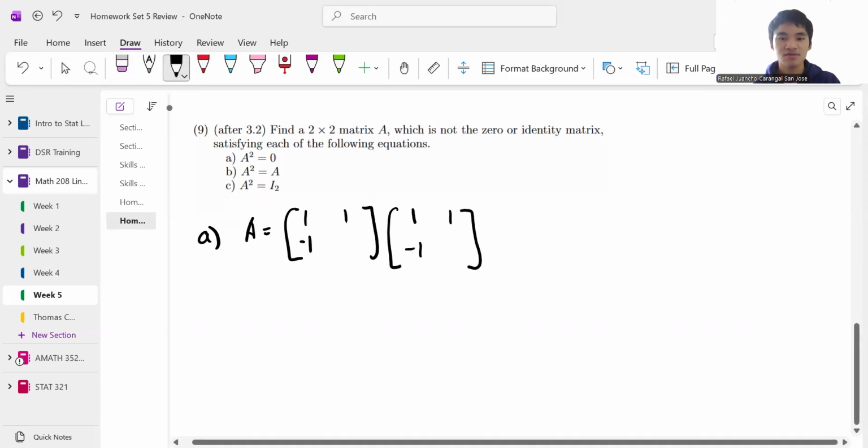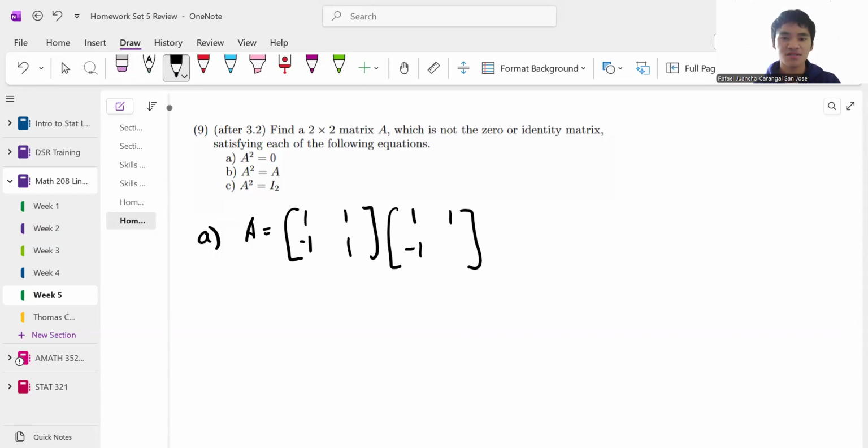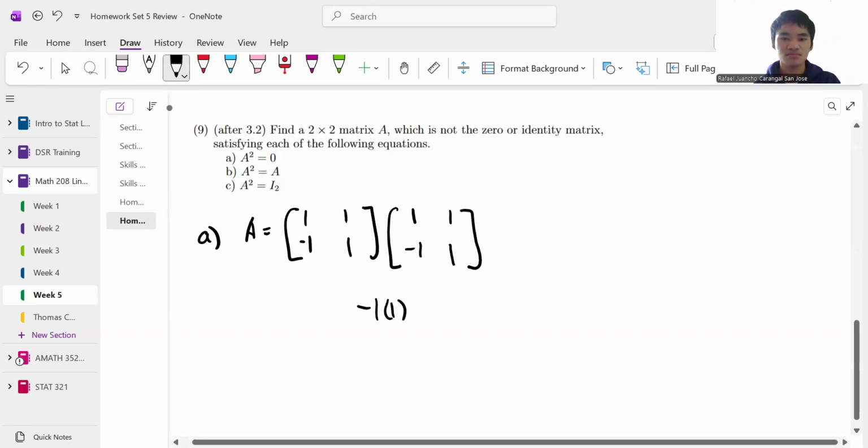It's also a 1. How about this? Negative 1, so this must be a positive 1. Oh, shoot. My bad. This is supposed to be a negative then. Yeah, because if I multiply this by 1, it gives me a negative 1 plus 1 gives me a 0.